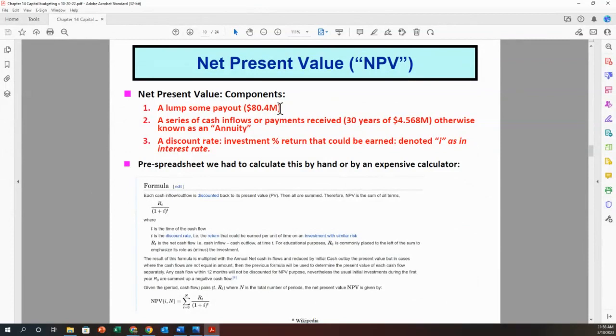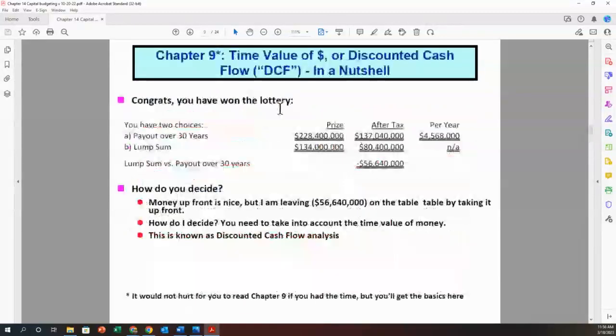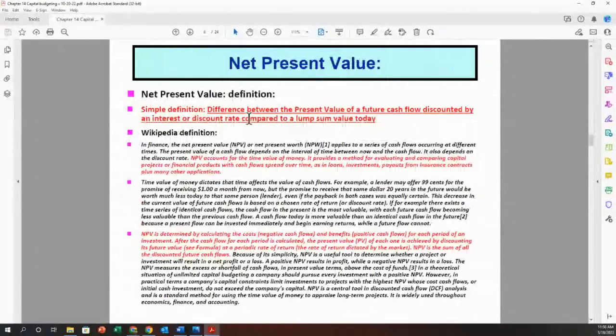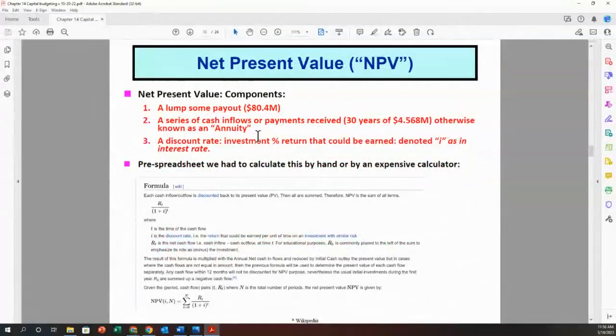But basically, it's the same concept. So we consider that lump sum, that 80 million, versus the payout over 30 years. That's the annuity. So the 80 million is the lump sum, the year zero, and then the 4.58 million each year for 30 years is our annuity.